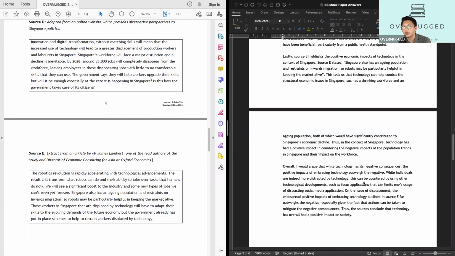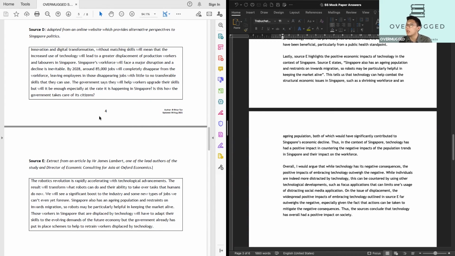In this case, what you should do is to deal and reconcile with the information to show how it would, at the end of the day, reach the balanced conclusion that you want to achieve. So this is really strongly dependent on the sources that you will face on the day of the examination itself.